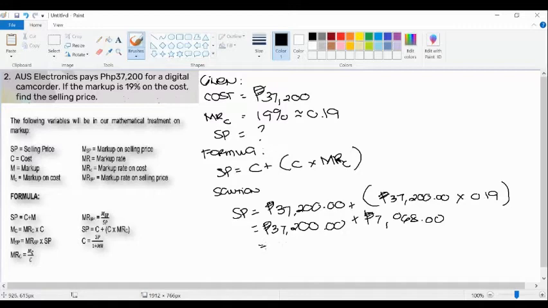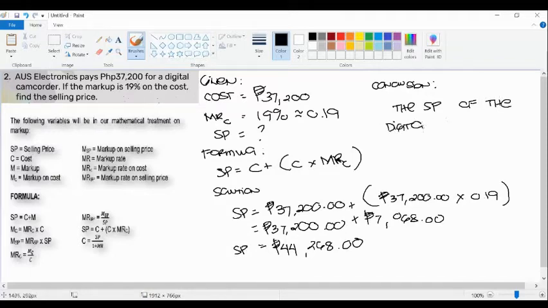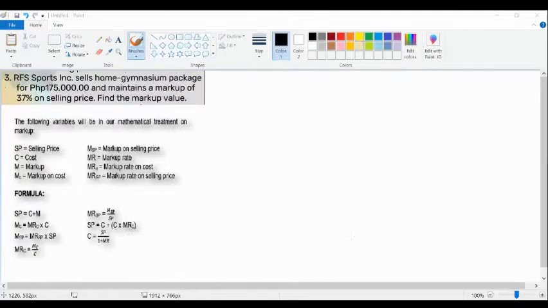Adding both, it will give us a selling price of 44,268 pesos. So your conclusion, the selling price, let's put it SP, the selling price of the digital camcorder is 44,268 pesos.